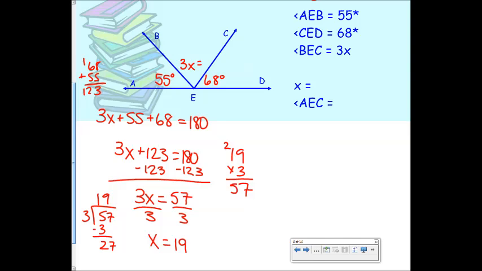So what's AEC? If it's this angle right here, what do I have to do to get that? 55 plus 57. Perfect, Annie. Why 55 and 57? Why not this one? I'm not trying to find that angle. I'm looking for AEC. So 55 plus 57 is going to give me 112. Okay, 112.